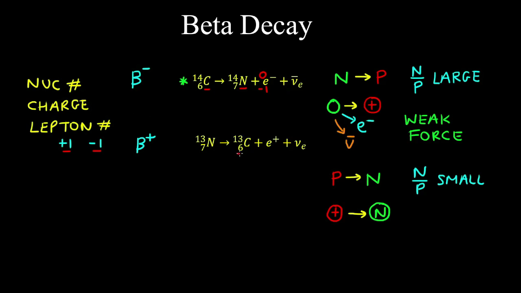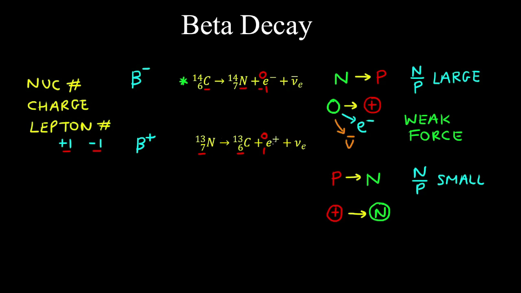And now we have 2 fewer protons on the right hand side compared to the protons in a nitrogen nucleus. So therefore we must have a positron to balance that charge. And now that charge is conserved, we check the lepton number.